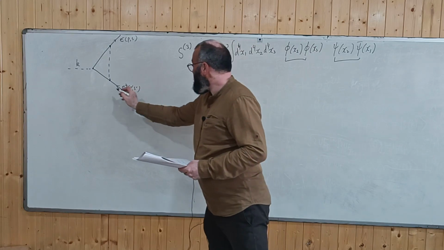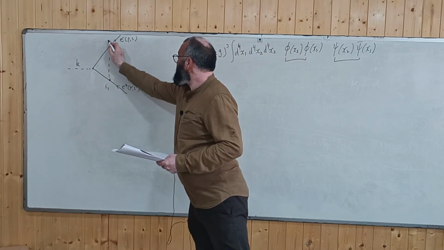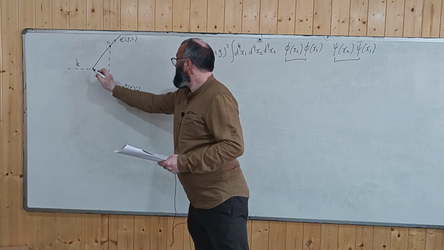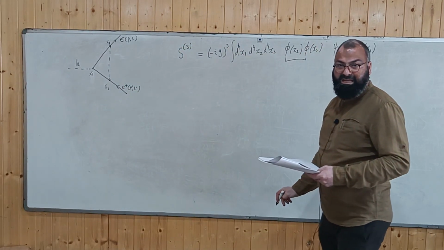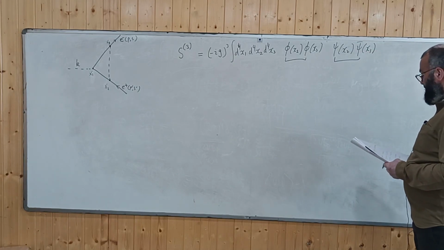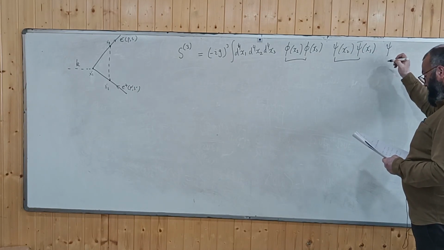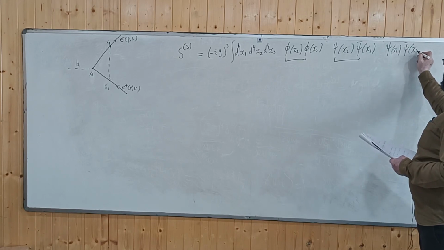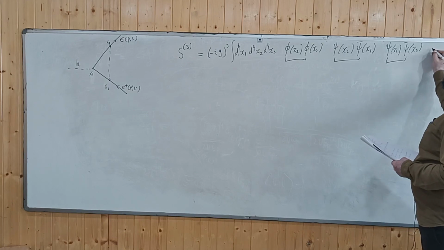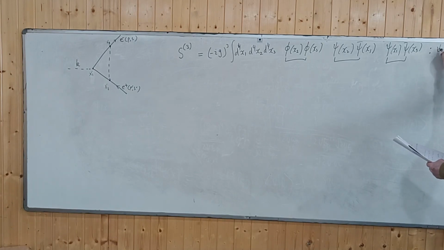That means you can take this as x2, this as x1, and sorry, this is x3 and this is x1. Clear? So these are the 3 points. Then you have ψ(x1) and ψ̄(x3). This is a contraction. Then the ordering of this ψ̄(x2), ψ(x3), φ(x1), normal ordering.